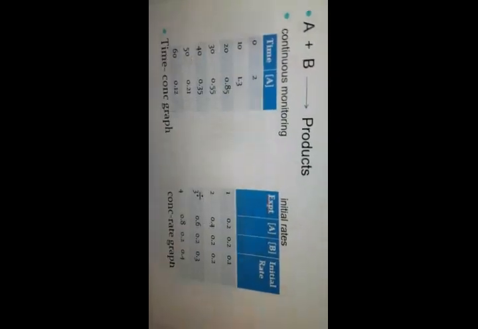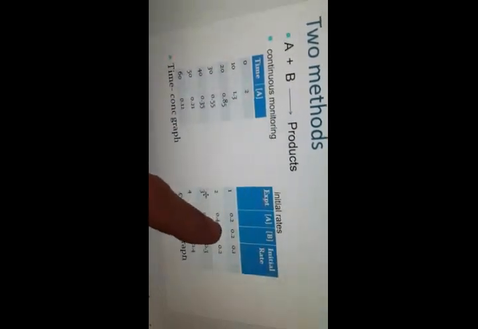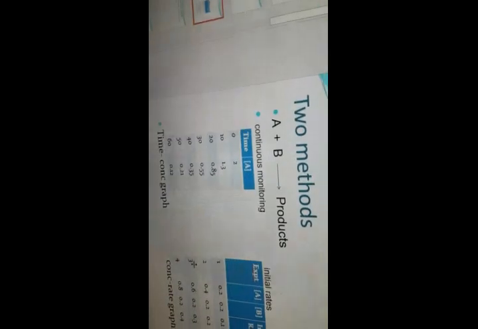Now, in this, remember in the initial rates method, all you've done in each of these 4 separate experiments is measured the volume of gas after 10 seconds. That's it. You've taken one measurement from a gas syringe at one time interval and used that to get the initial rate. The alternative way is just, instead of carrying out 4 experiments, do 1 experiment only.